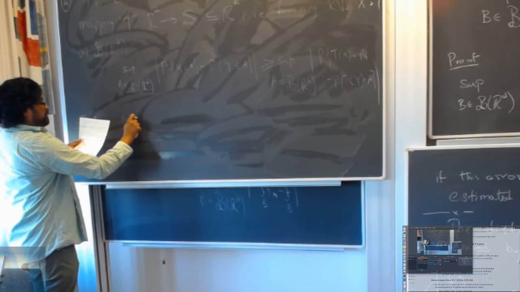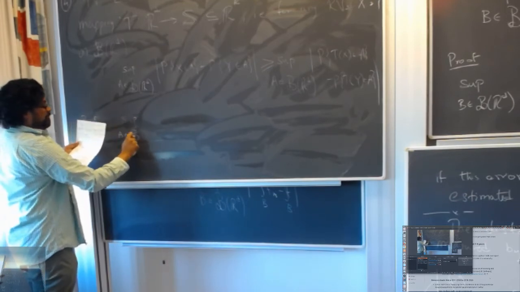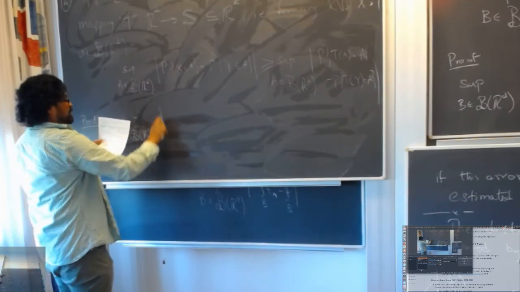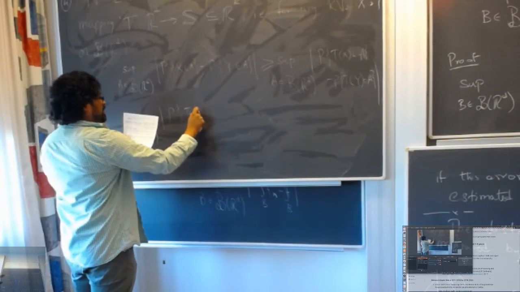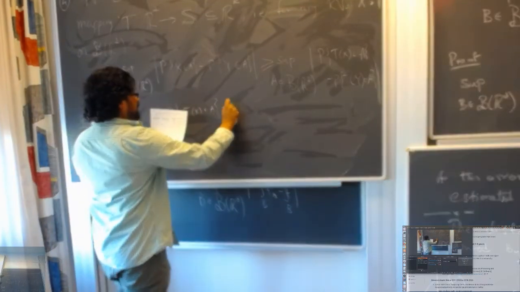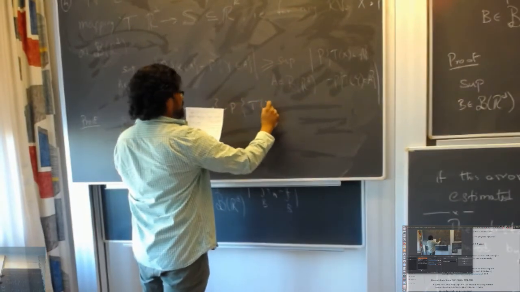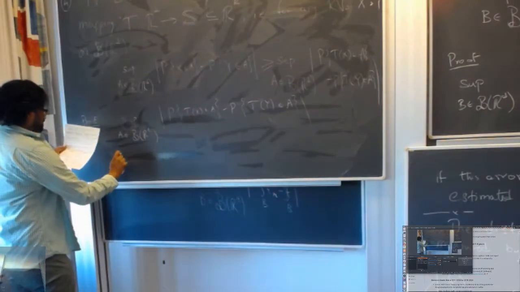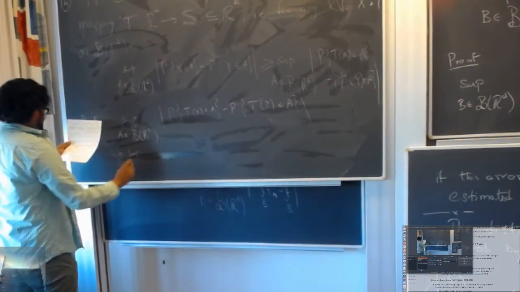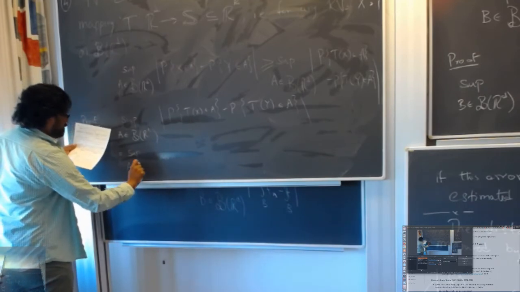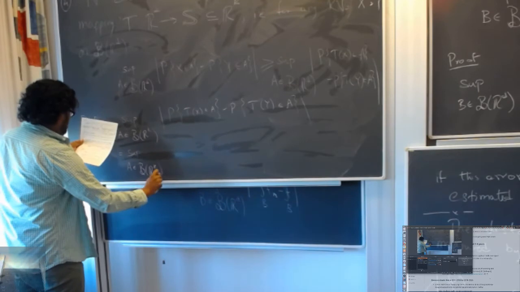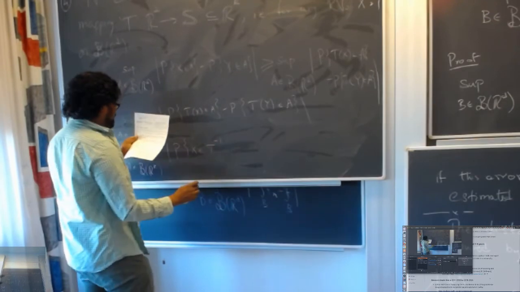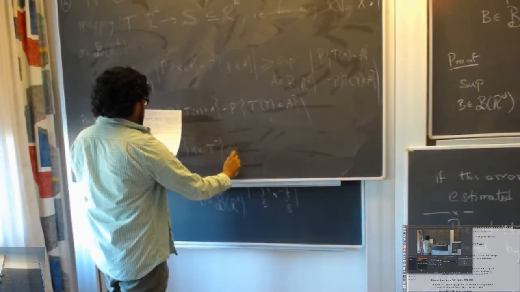I'm simply saying the supremum of the probability of T of X in A minus the probability of T of Y in A is simply equal to the supremum over A of the absolute value of the probability of X in the inverse map. It's just a definition.